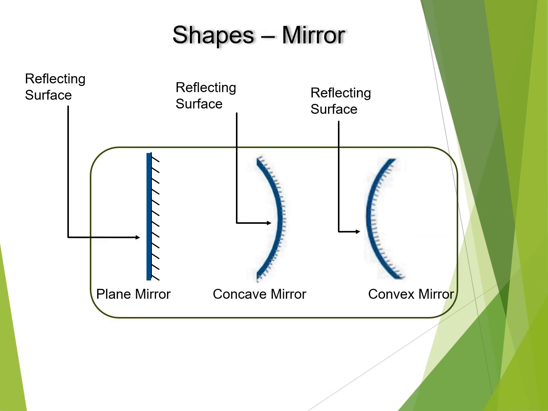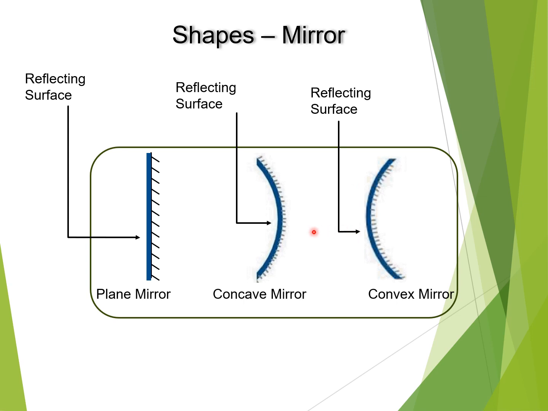There are three types of mirrors. One is plane mirror, second is concave mirror, and the third is convex mirror. One surface of the mirror is nicely polished, and this polished surface acts as the reflecting surface of the mirror. As can be seen, the reflecting surface of the plane mirror is flat, whereas the reflecting surfaces of the concave and convex mirrors are either bent inwards or bulge outside.